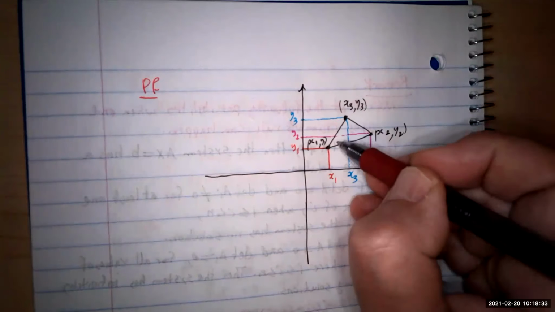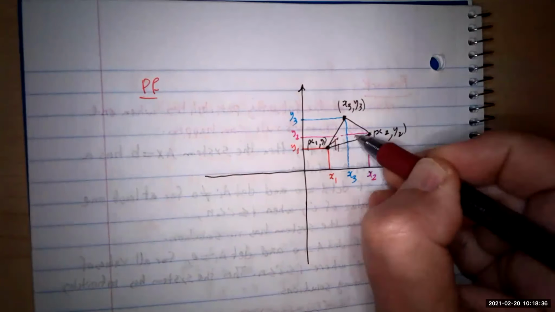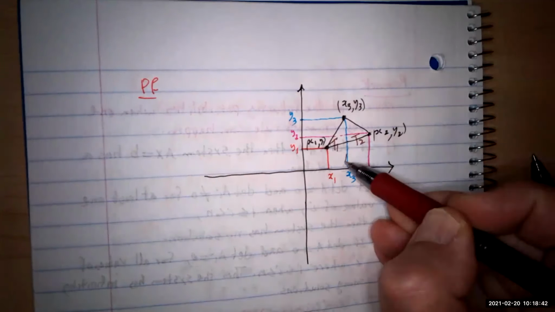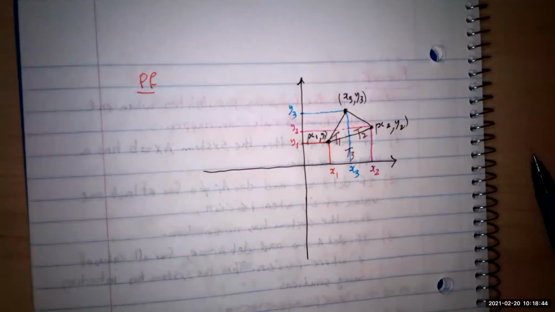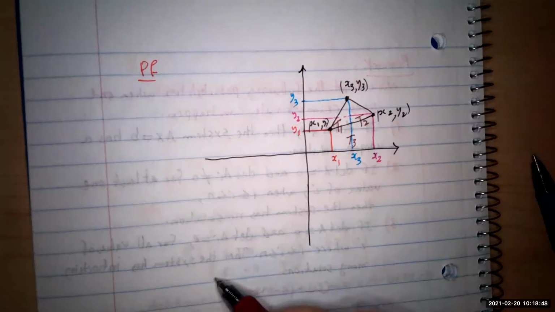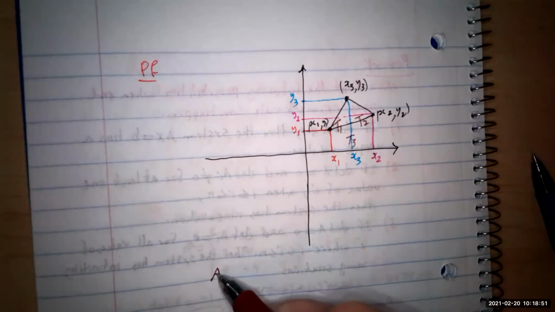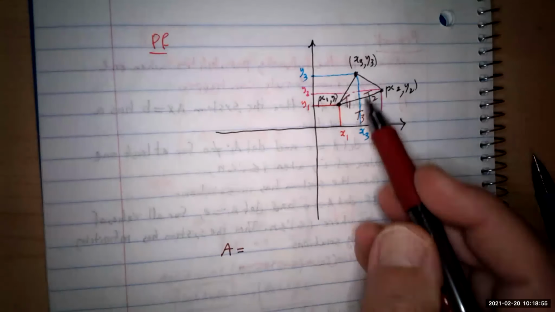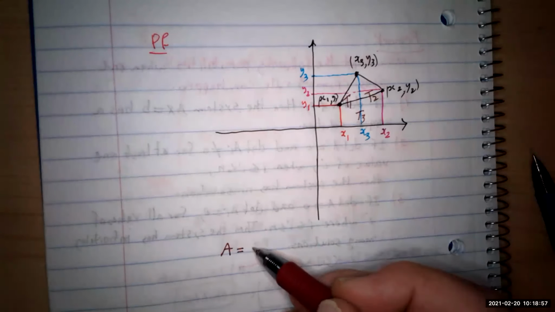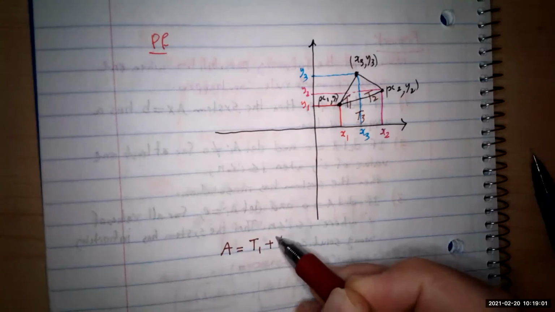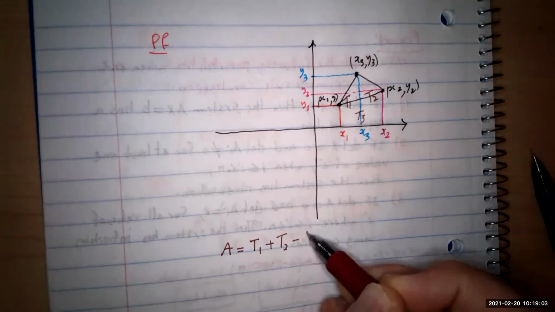One of them is this part, I call it T1, this is going to be T2, and this bottom one is going to be T3. So the area of the triangle is going to be equal to the area of T1 plus the area of T2, minus the area of T3.